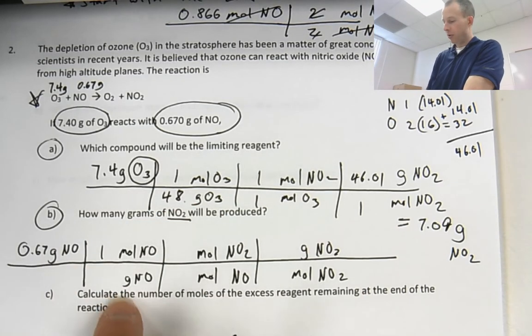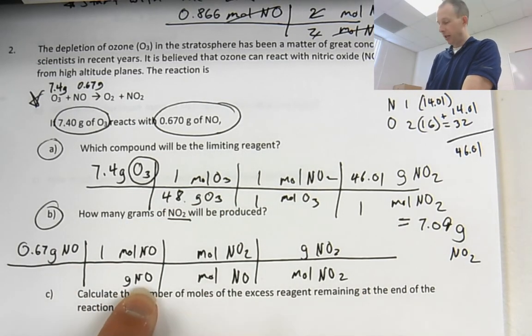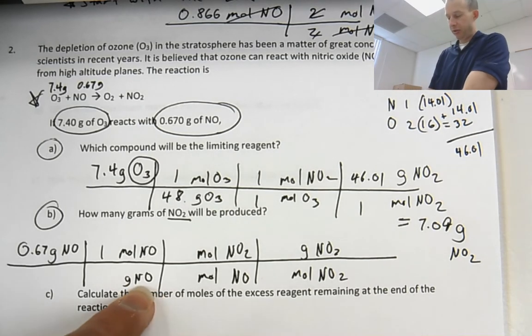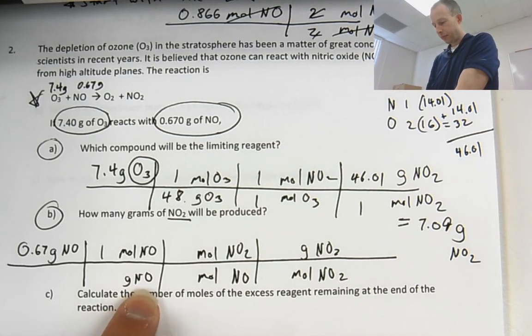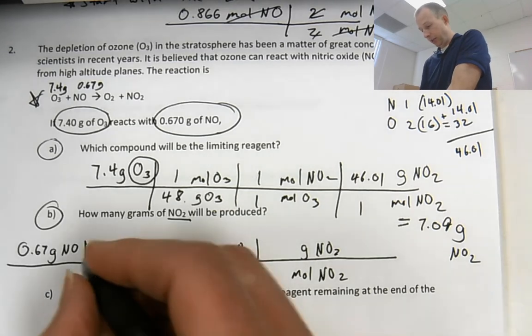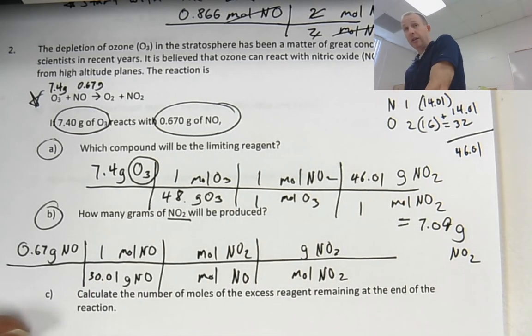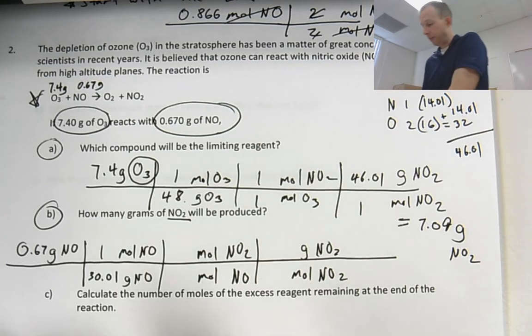So we're going to have 1 mole here. This value, NO, is going to be off the periodic table again. So it's going to be 16 for oxygen plus 14.01 for nitrogen, again from the periodic table. So that's going to be 30.01, because again, 16 plus 14.01.